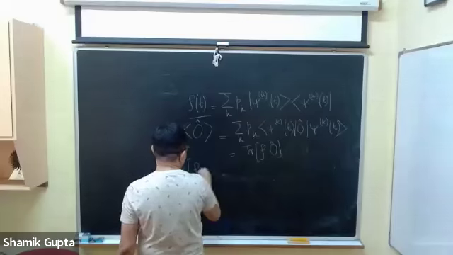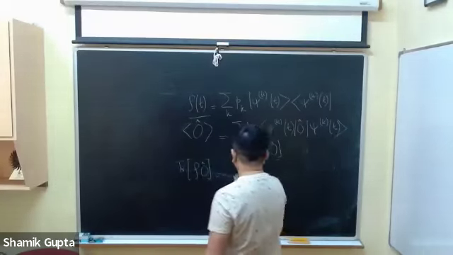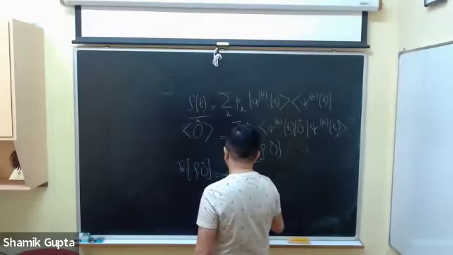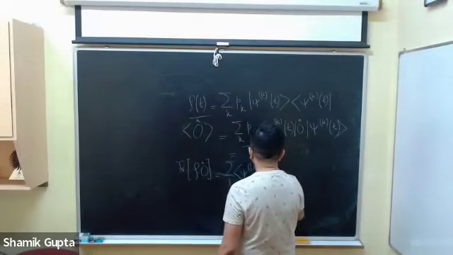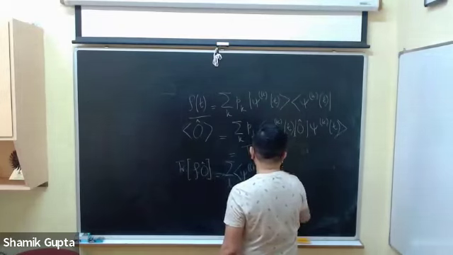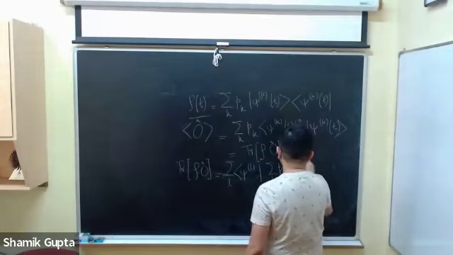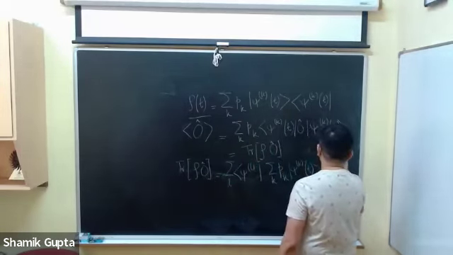Evaluate this guy, trace of rho times O. So trace means that I have to do this summation over L, let's say, of psi L. For rho, I will use this one, summation over k of pk psi k t psi k t.